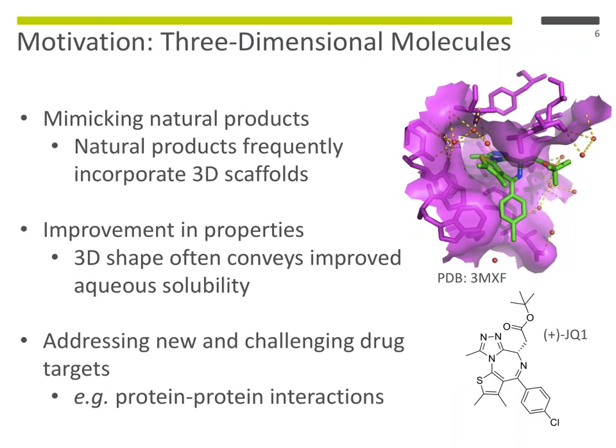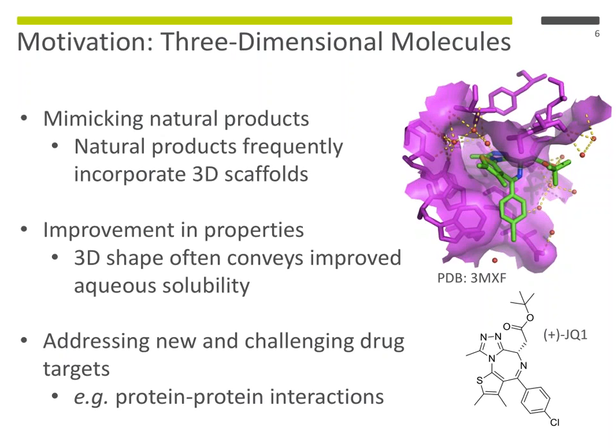So our motivation for looking at three-dimensional molecules, there are a few ideas we have in this context. Looking at mimicking natural products. If you look at natural products, endogenous ligands, they tend to incorporate quite three-dimensional scaffolds. And if we're going to be competitive with those endogenous ligands, we need to reflect the three-dimensionality and the morphology of those binding sites so that we can exploit the interactions in that binding site in an appropriate way.